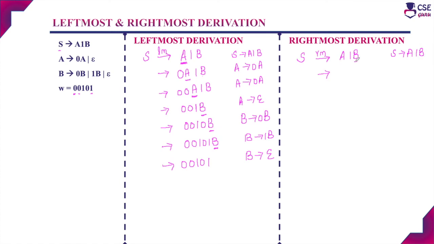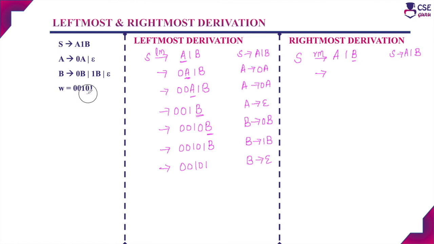Choose the rightmost non-terminal. Since this is a rightmost derivation, choose the rightmost non-terminal and apply the production rule. So if you are checking here, there are three production rules for B. B tends to 0B, B tends to 1B and B tends to epsilon. So we have to check the pattern of the string in the last part. That is 0, 1 we have to derive. So apply the production rule B tends to 0B.